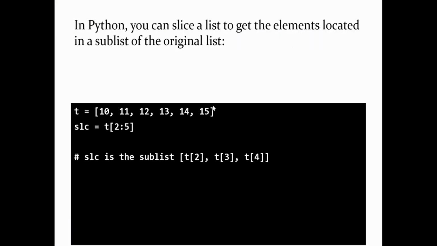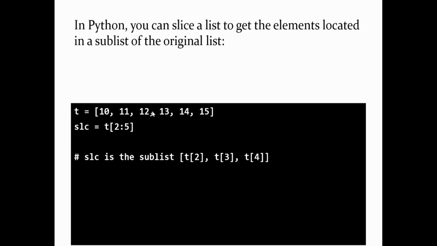Okay, slicing in Python. The Python slice is enormously useful. Unfortunately, it's also very expensive, because the slice in Python actually makes a new list. So when you slice this list 2 through 5, that means give me elements starting at the third element, not including the sixth element.